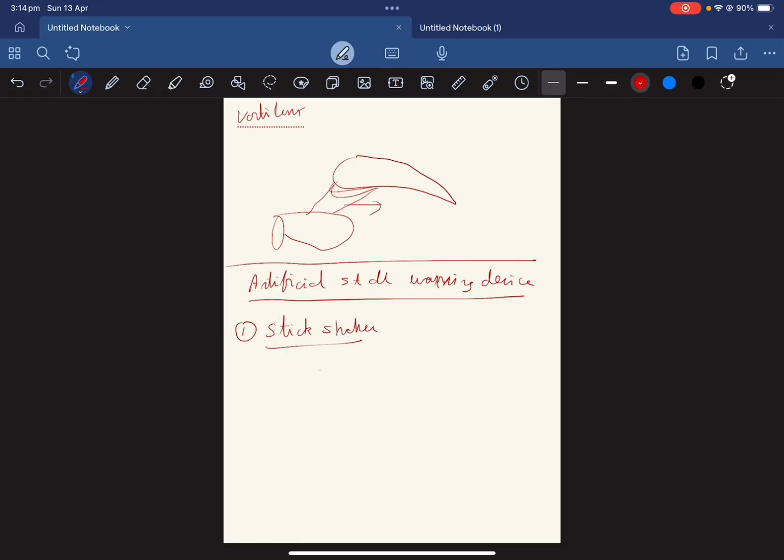Let's say this is your control column, and this control column is connected to your aircraft. There's going to be a device here called the stick shaker, which vibrates it. So you get a buffeting type of stall warning because of the stick shaker, and it can also be coupled with a noise maker, so you get an aural warning too.